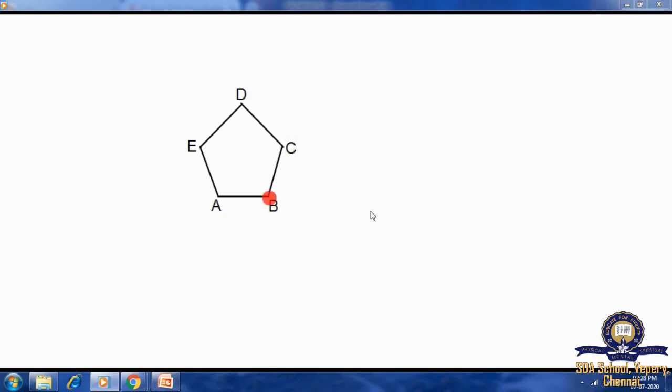There are 5 corners in pentagon: A, B, C, D and E. Now we are going to write it as A, B, C, D and E for corners.